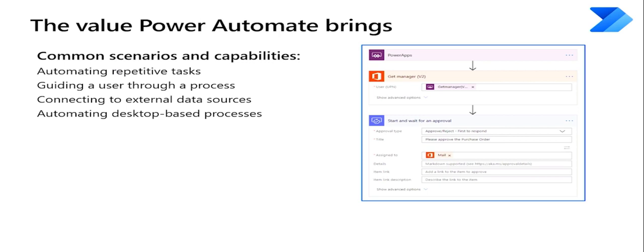Or if you have to log daily numbers, Power Automate can not only guide a new user through the process, but it will also save you time going back and forth between systems by connecting to all kinds of data sources. And of course, another huge benefit lies in the fact that it also helps reduce issues that might come about due to human error.